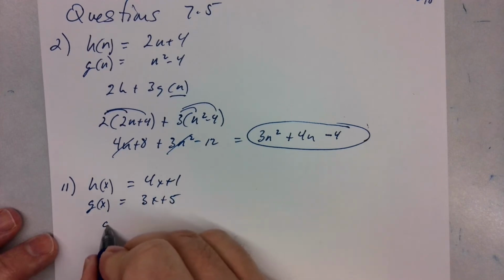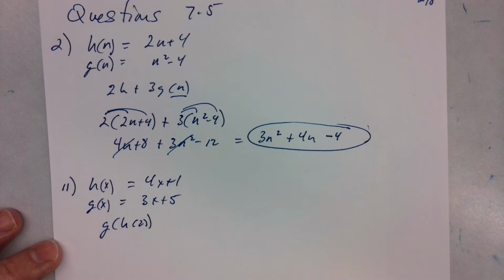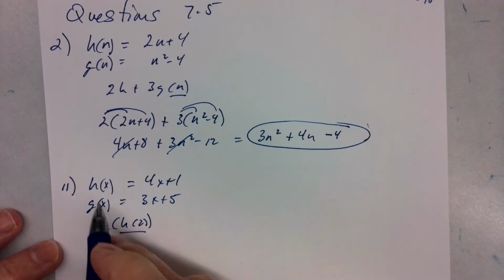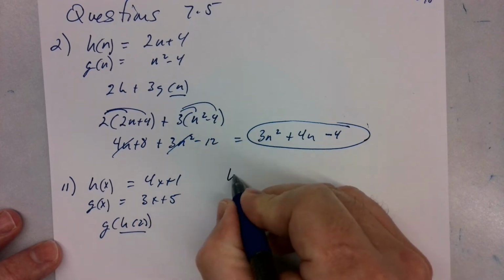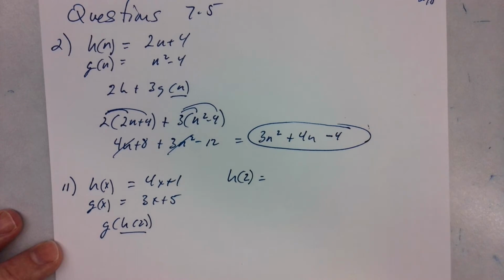And it wants g of h of 2. So the first thing I'm going to do is find h of 2. That means I'm going to go to my h of x, and instead of doing h of x, I'm going to do h of 2, which means I'm going to do what? Put 2 in for x. Yeah, put 2 in for x, right?